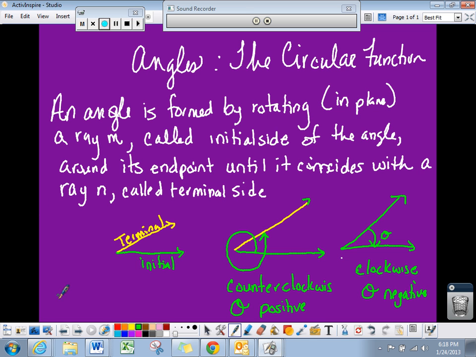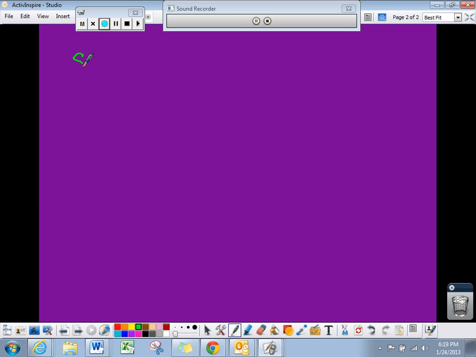Okay? Then we have standard position, and we're going to be talking about standard position often. Standard position basically is when an angle in a rectangular coordinate system is at the origin and the initial side is along the positive x-axis.